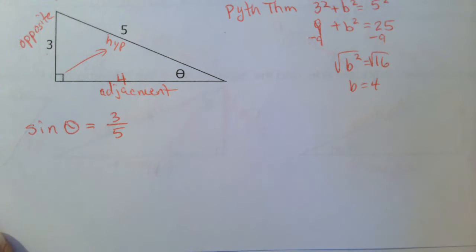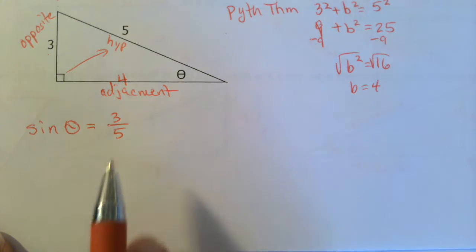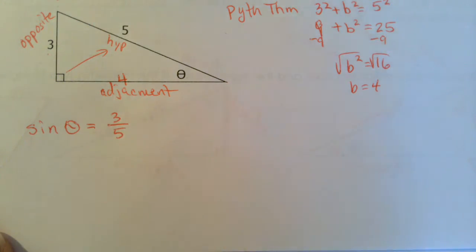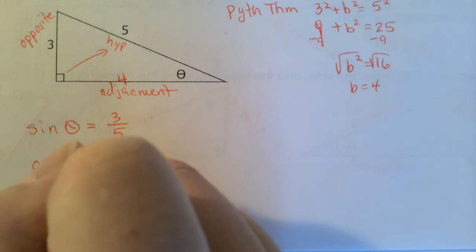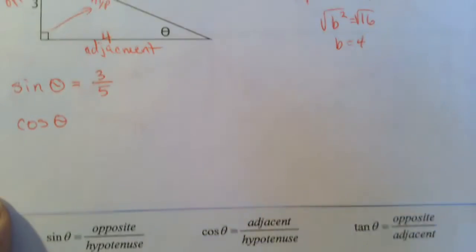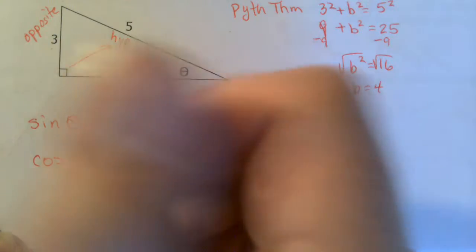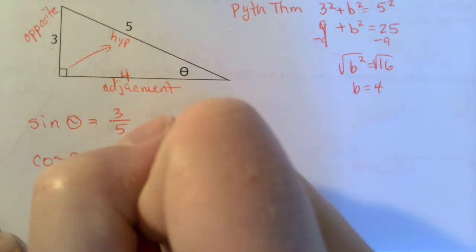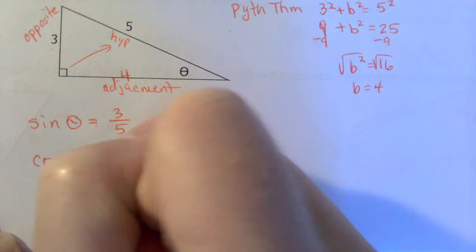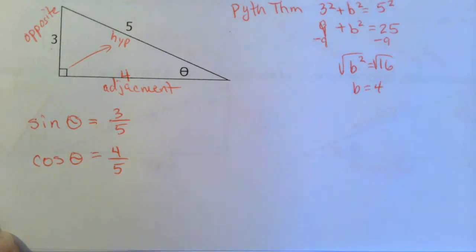Now, if they ask me for a fraction, I'm going to leave it like that. If they ask me for a decimal, I would divide it. So there's my sine of theta. Now, cosine of theta. Cosine was adjacent over hypotenuse. So the adjacent side is 4. The hypotenuse is 5. That's it.